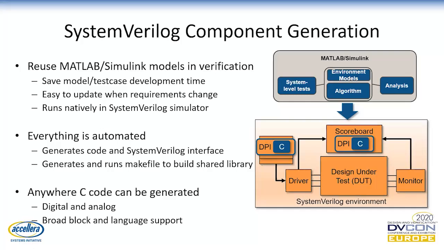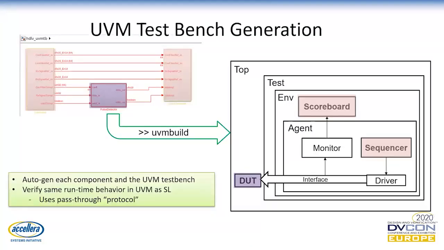It's behavioral, but it definitely works fine for your purposes for verification. Just to differentiate, the HDL code generation that I was talking about and will be talking about again is synthesizable. So there are two aspects we need to have in mind, because of course we talk about different things.